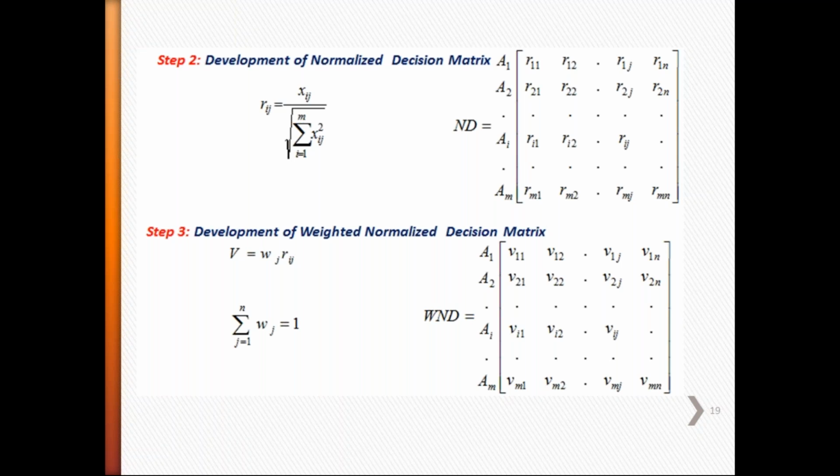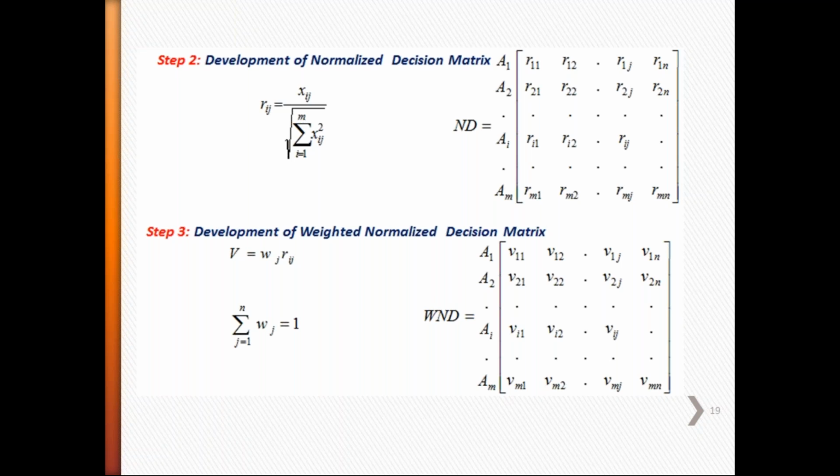Understand? And you can see a total of n criteria are there. So summation Wj, where j varies from 1 to n, is equal to 1. First criteria priority weight W1, second criteria priority weight is W2, like that.